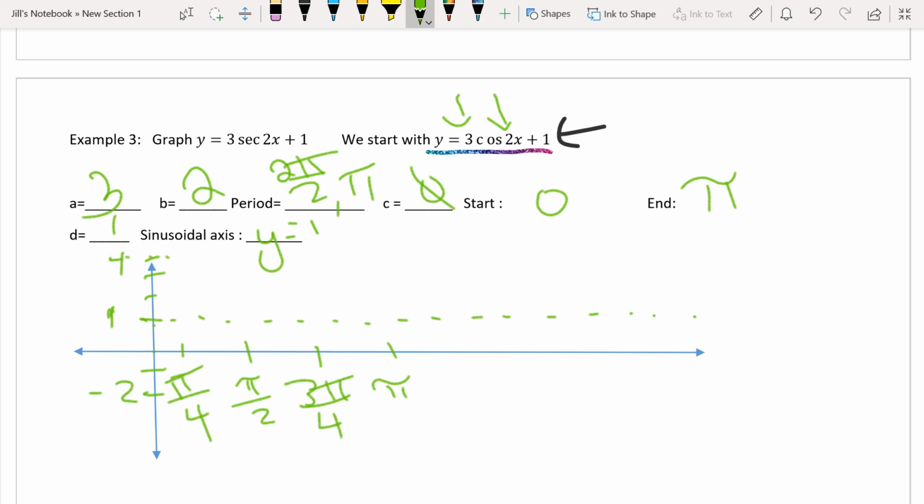And again, if you want to, people like to draw these in as their little road maps. And now we need to complete a cosine wave. So cosine starts high. This is now your middle. This is now your low, middle, high. And there's a cosine wave.